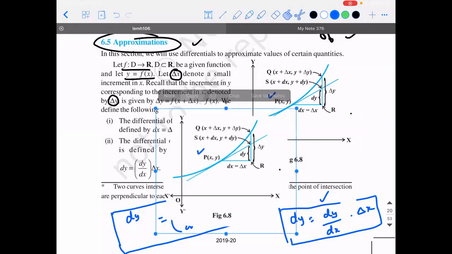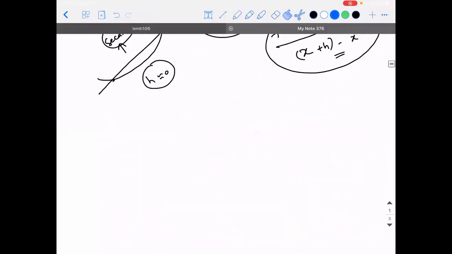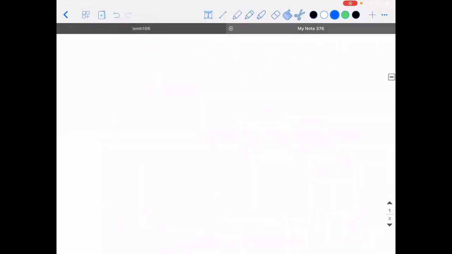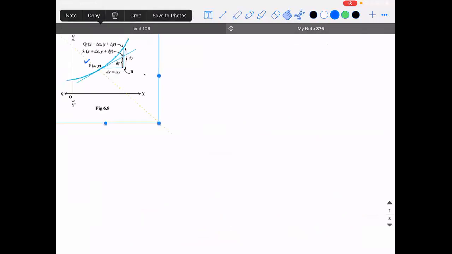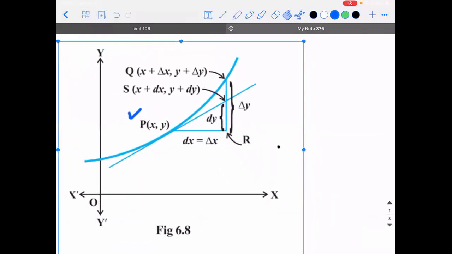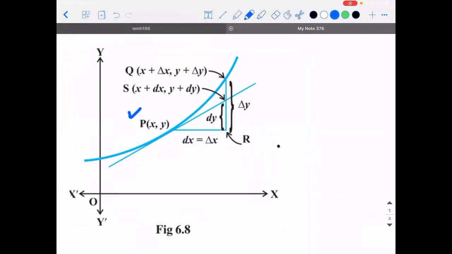Look, let's look at it in a projected view. Now, P is x comma y, accepted. Then what are the coordinates of R? X plus delta x comma y.